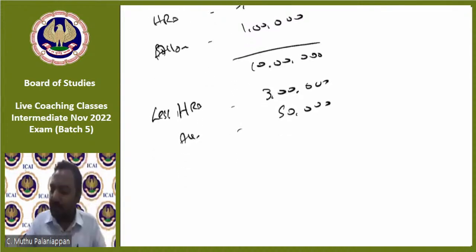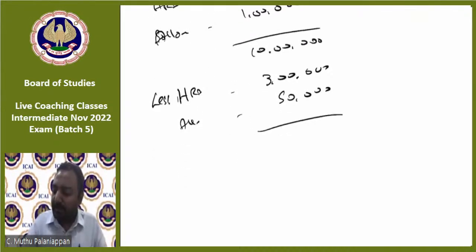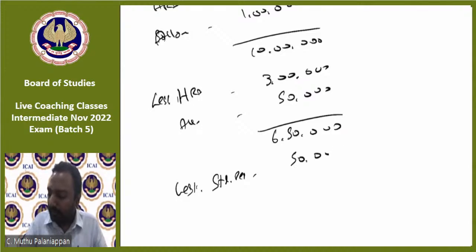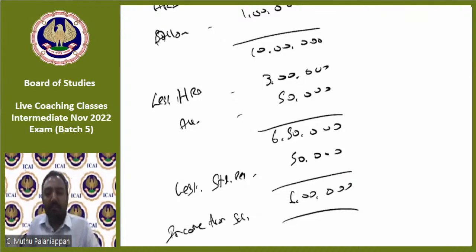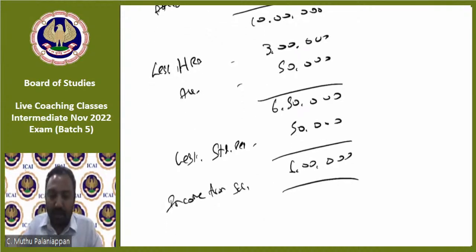So typically my taxable salary will be 6.5 lakhs, less standard deduction of 50,000. So my taxable salary, that is income from salary, will be 6 lakhs, correct? So this is the regular provision.